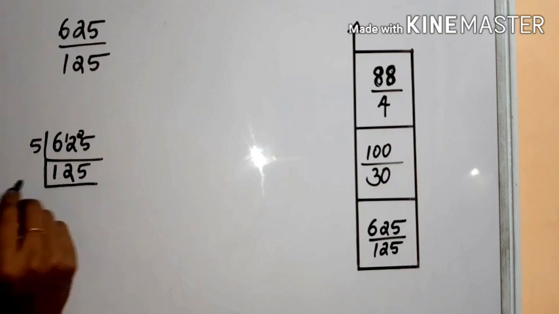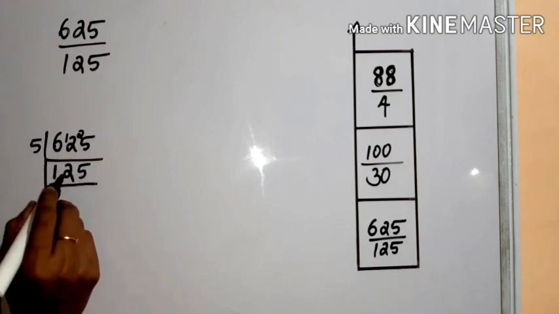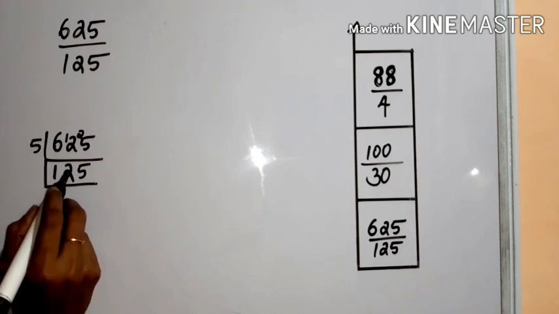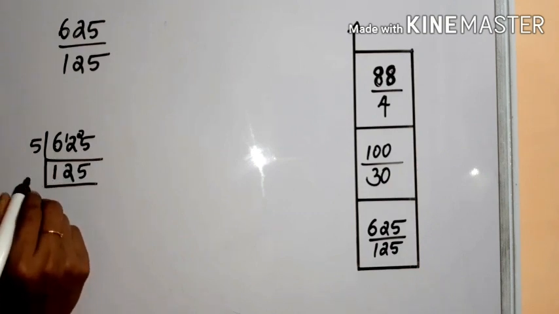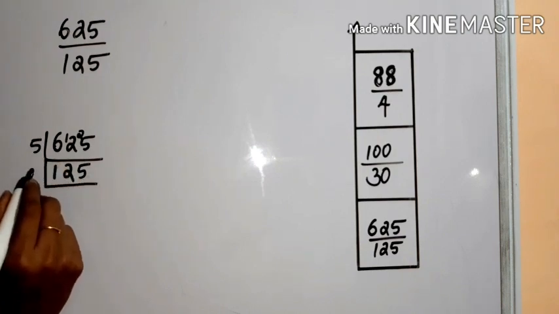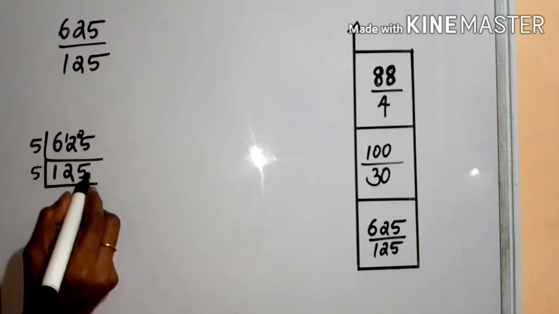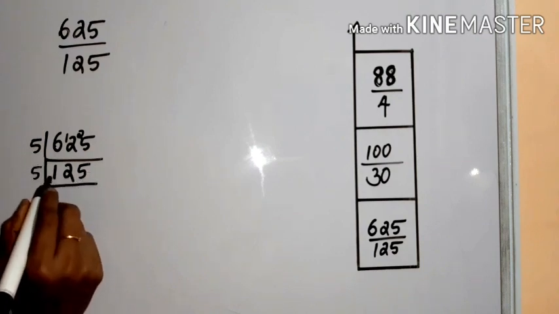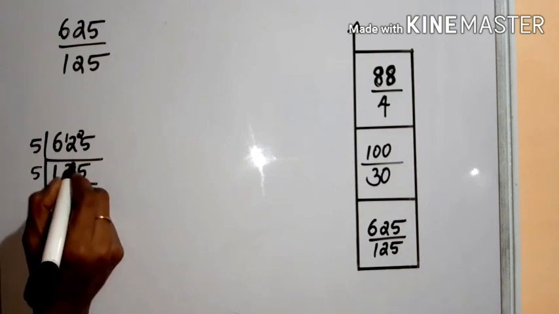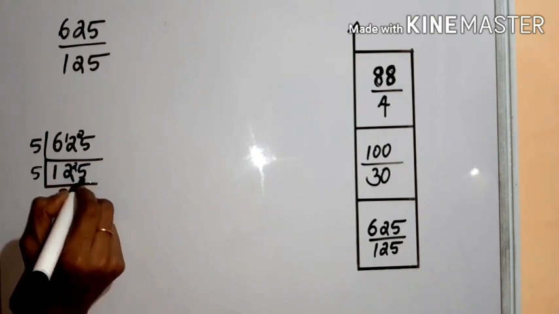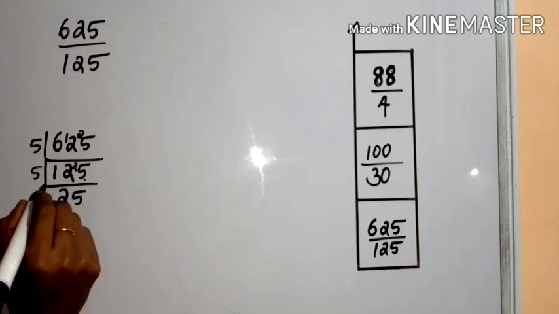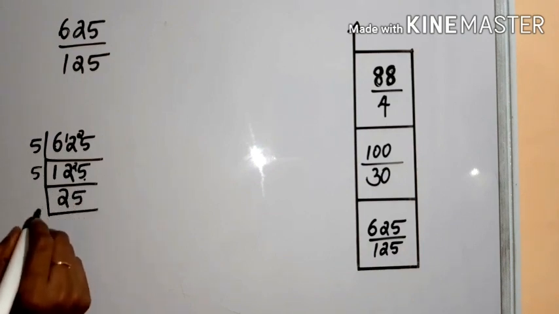Again we have an odd number. What about this? Is it a multiple of 3? 1 plus 2, 3. 3 plus 5, 8. 8 is not a multiple of 3. So we cannot have here 3. The next, 5. Yes. The ones place digit here is 5. So from 12 we can take away 2 5's. Remainder 2 becomes 25. From 25 we can take away 5 5's. Again we have an odd number.